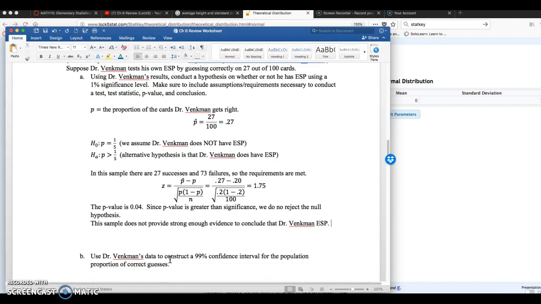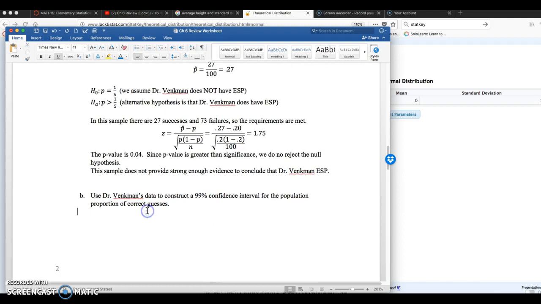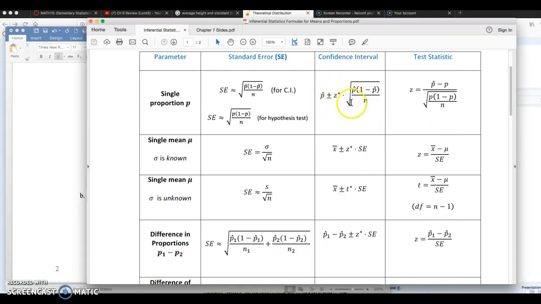Okay, what I'm going to do now on the same problem is create a 99% confidence interval. If we look into the formula for the confidence interval, it's p hat plus or minus z star times the square root of p hat times 1 minus p hat over n.